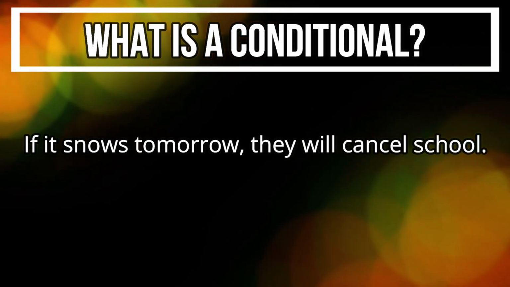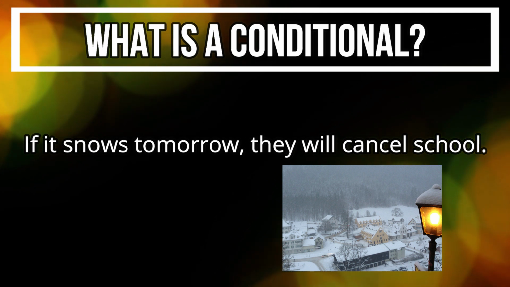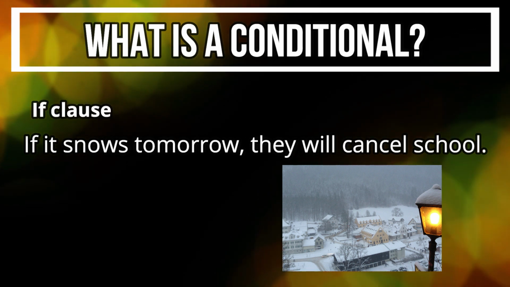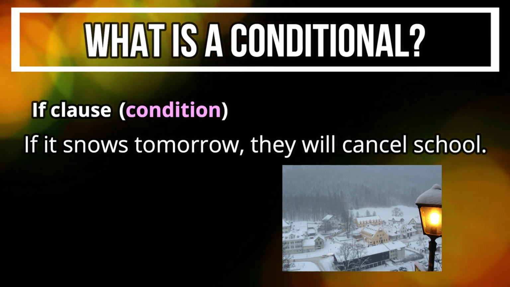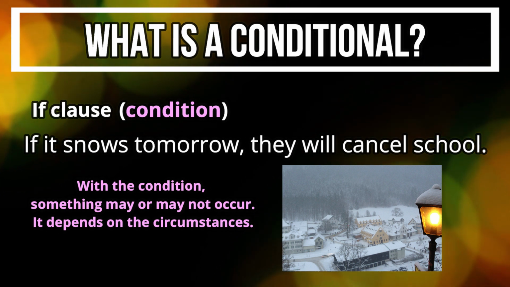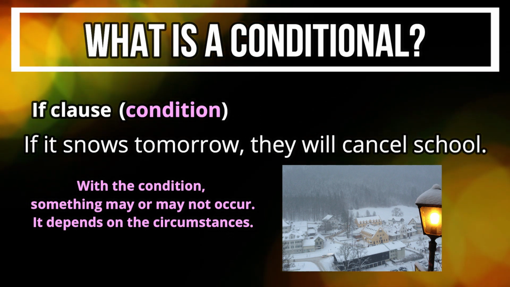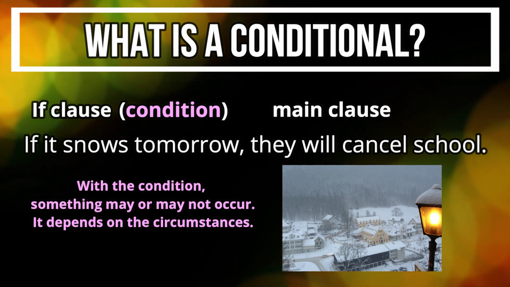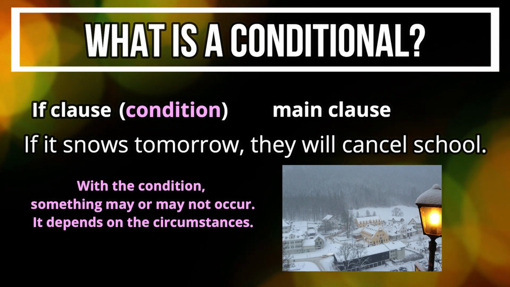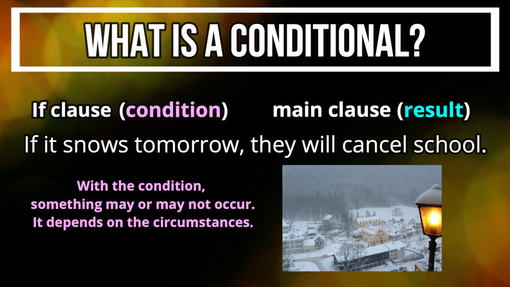If it snows tomorrow, they will cancel school. In the if clause, we have if it snows tomorrow, that's the condition, and with the condition, something may or may not occur. It depends on the circumstances. And then if we look at the main clause, which in this case is they will cancel school, that is the result.